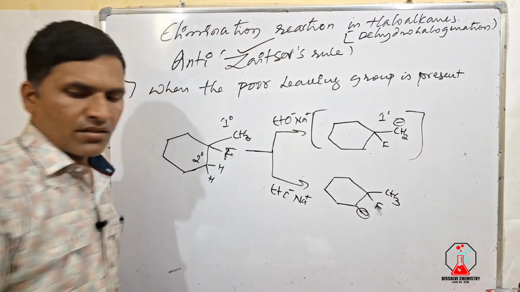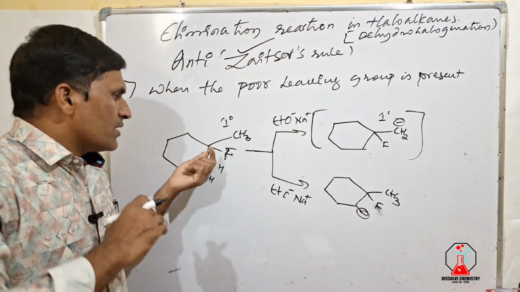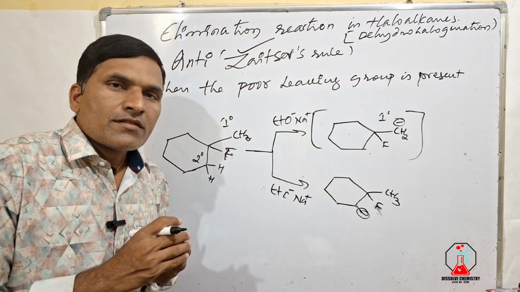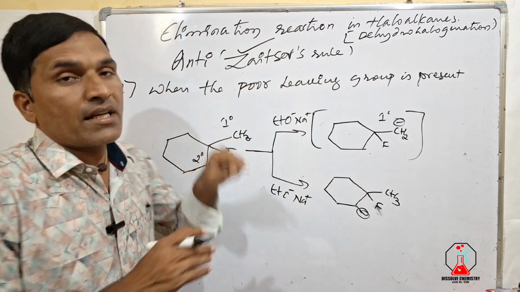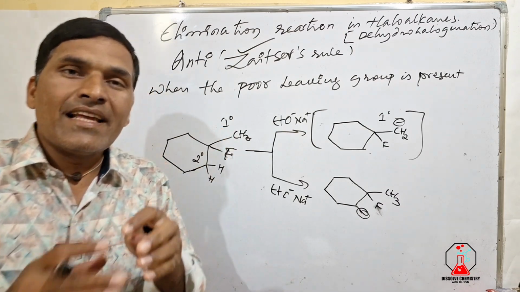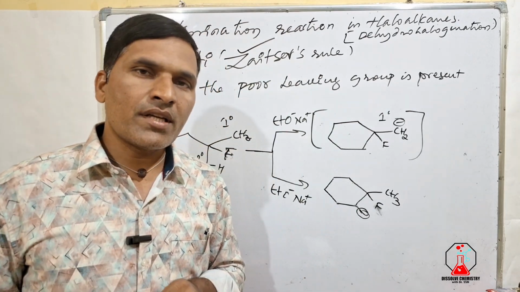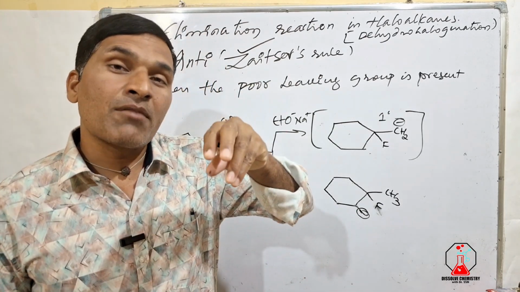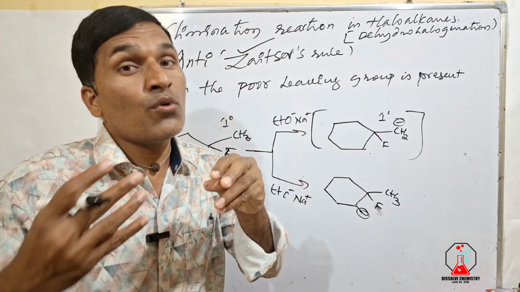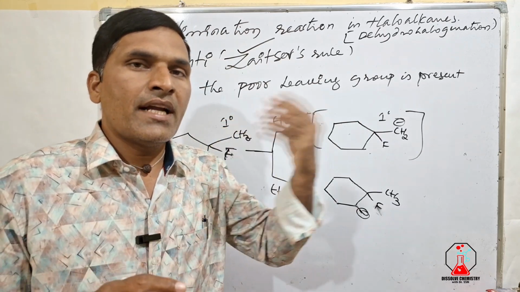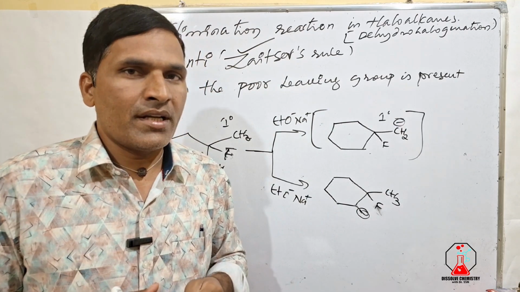All right. So now look into this. If the leaving group is poor, then what happens after abstraction of the proton? It delays the leaving group from leaving the substrate. Okay. So therefore, the formed carbanion should be more stable. Then only will that be obtained as a major product. Okay.